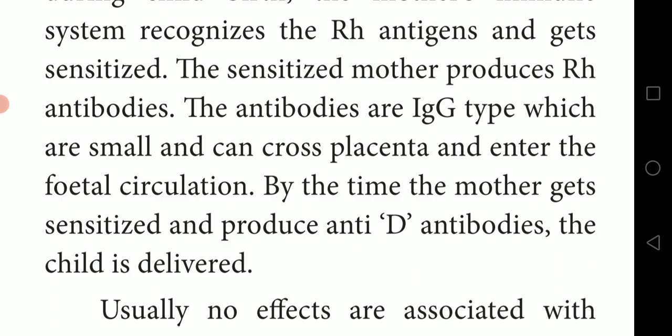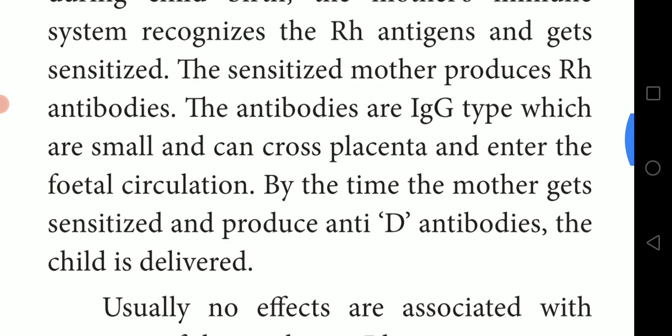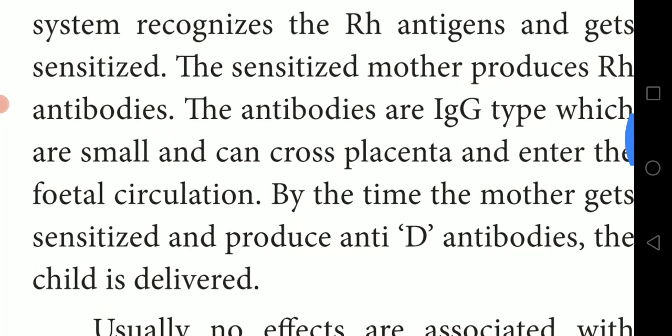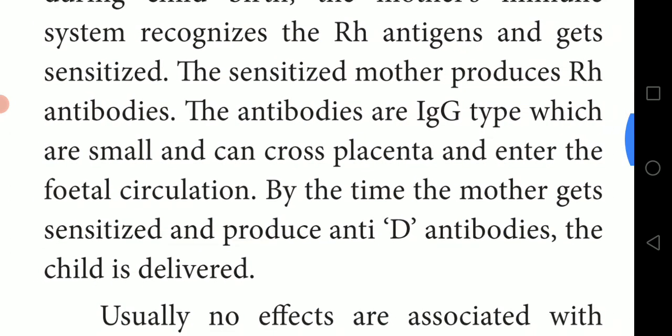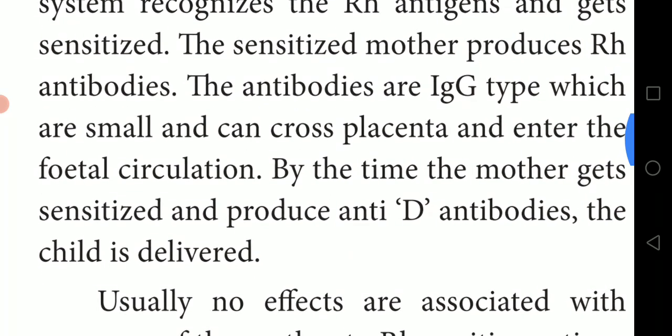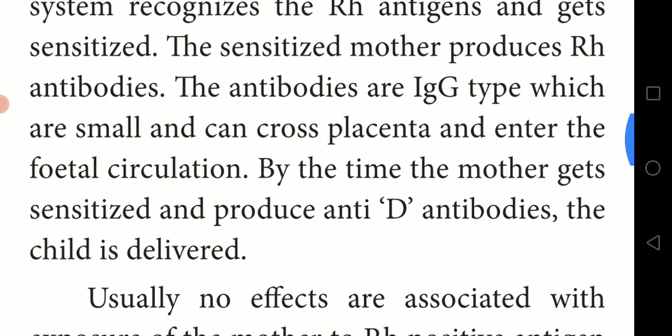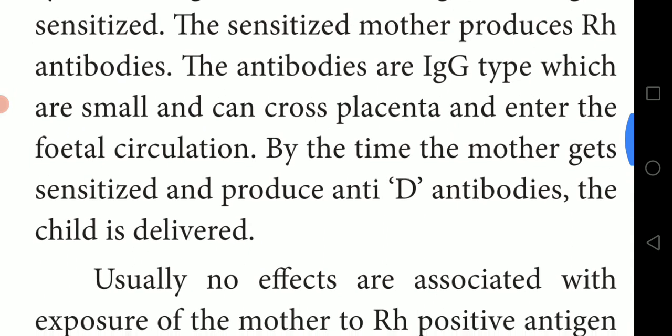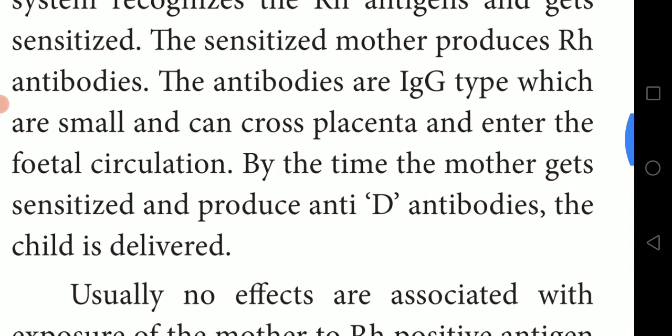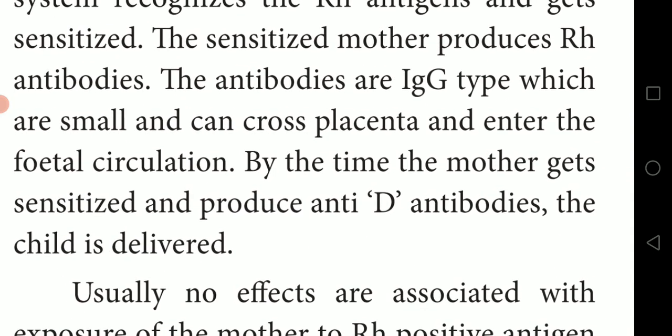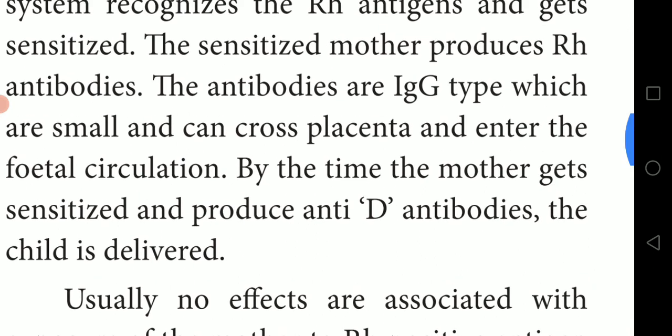Since the Rh negative mother is sensitized by the Rh positive fetus, the mother's blood produces antibodies. These IgG type antibodies are small and can cross the placenta and enter the fetal circulation. During delivery, the blood is mixed.